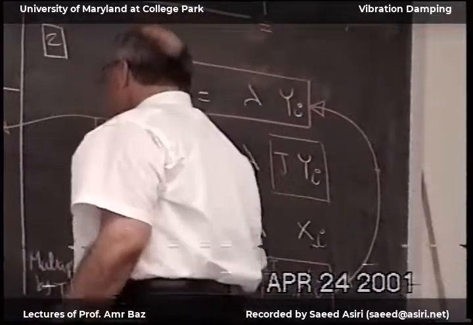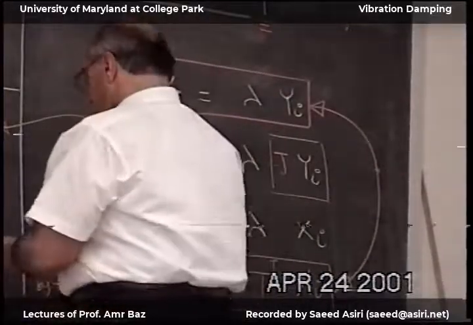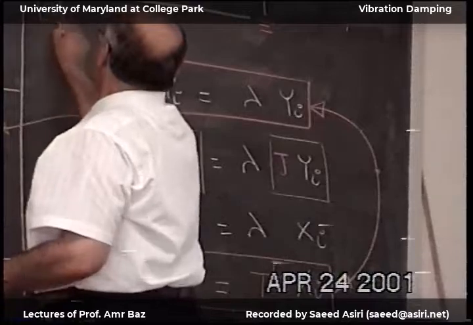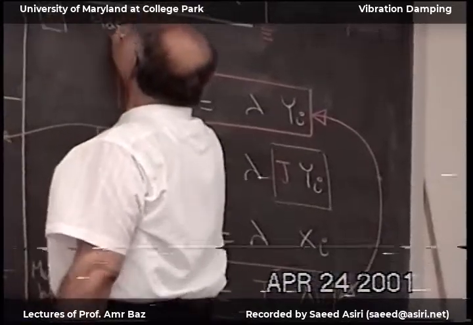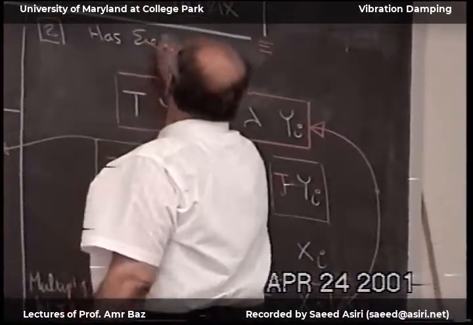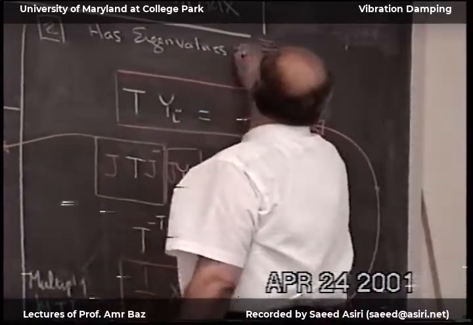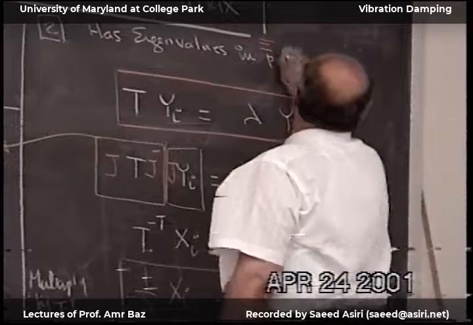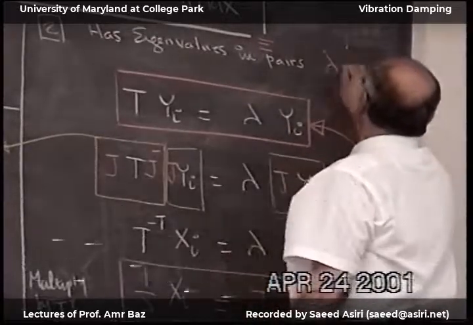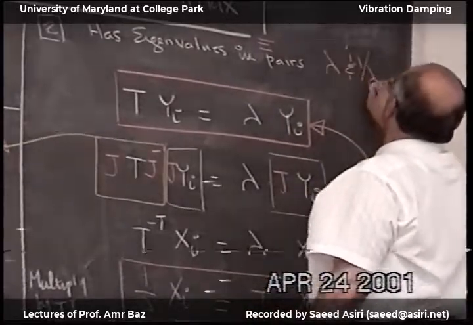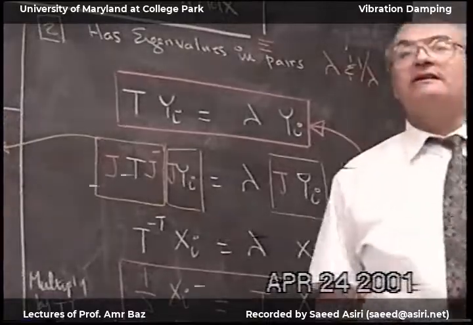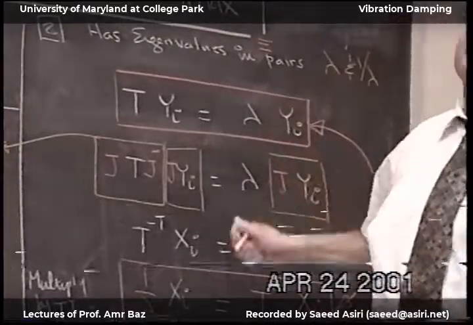So matrix T has eigenvalues in pairs, lambda and 1 over lambda. Okay. Now what is this?